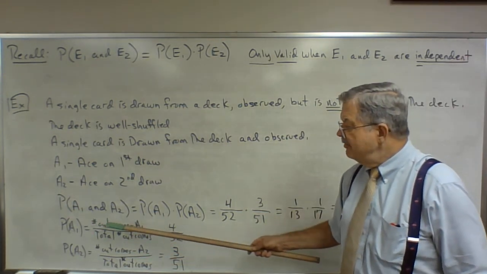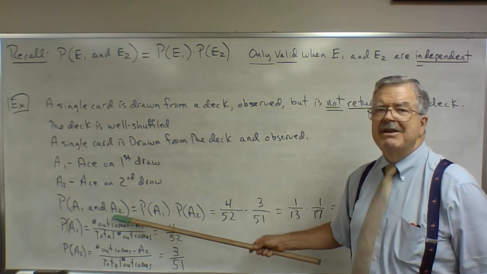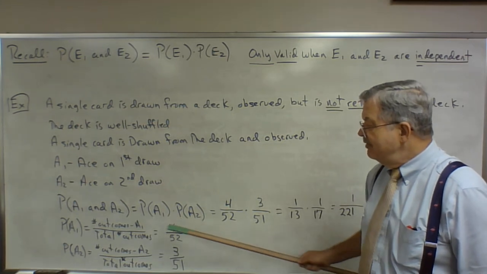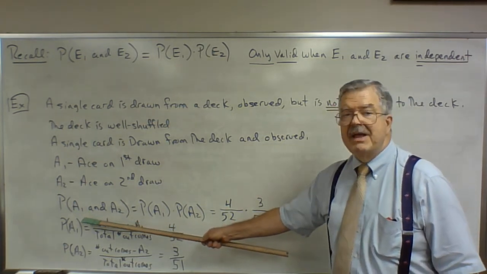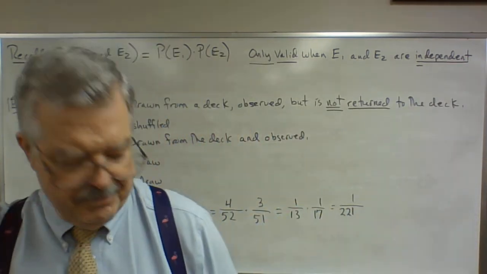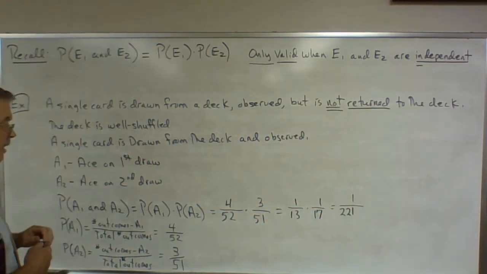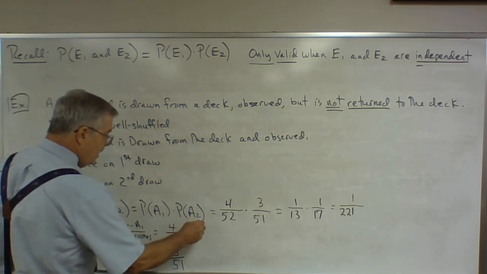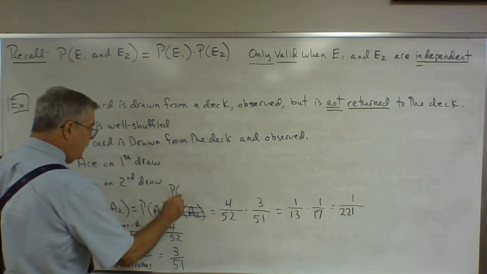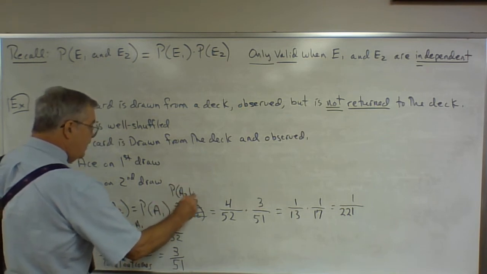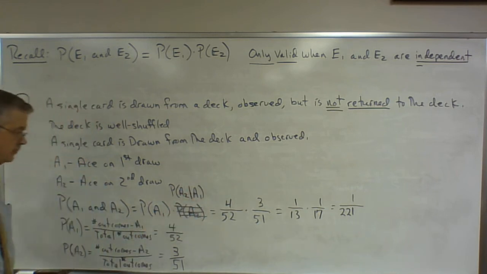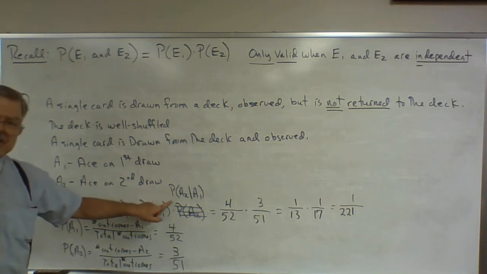Since A1 and A2 are clearly not independent, the probability of A2 occurring depends on whether A1 occurs or not. So what we should have here, we shouldn't have this, no. What we should have here is the probability of A2 given A1. Well, why did the answer come out right?